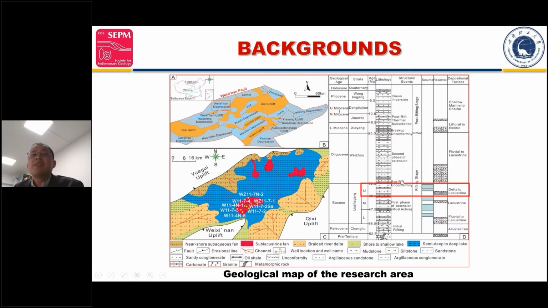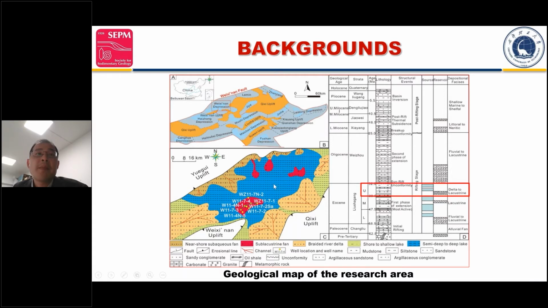A large amount of sediment was transported from the uplift through hyperpycnal flow to form subaqueous fans in this basin. So we chose this subaqueous fan near the Weixi uplift as the research object, and we have a longitudinal profile to extract the internal structure of the subaqueous fan from the proximal to distal.